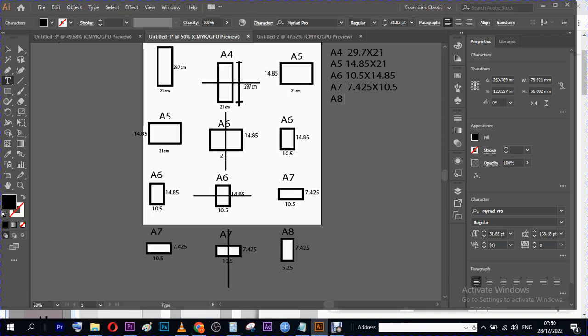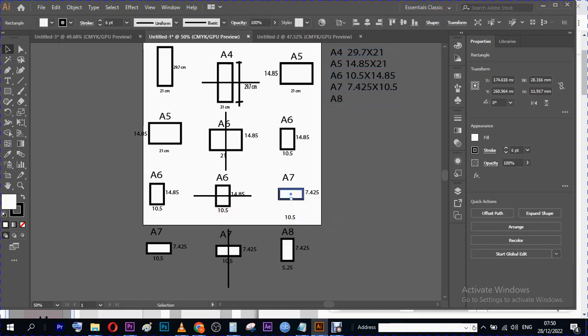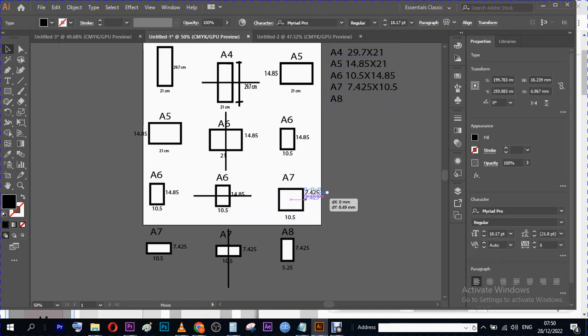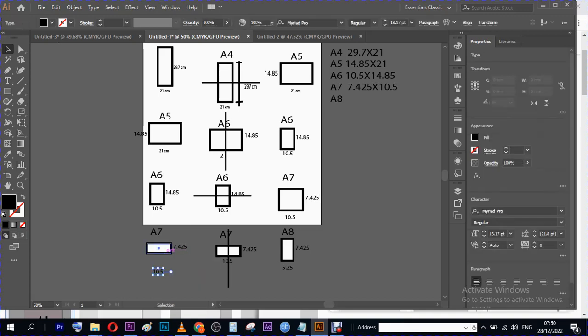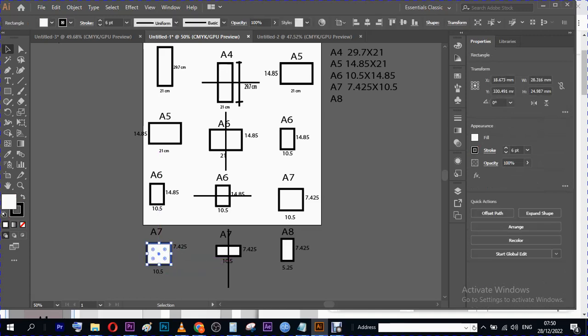No, we made a mistake here. This has to be in this format, because this is longer, 7.425. Then if we divide this, we divided here, then got a 14 by 10.5.